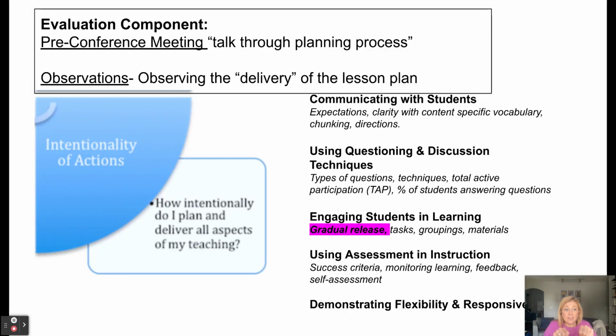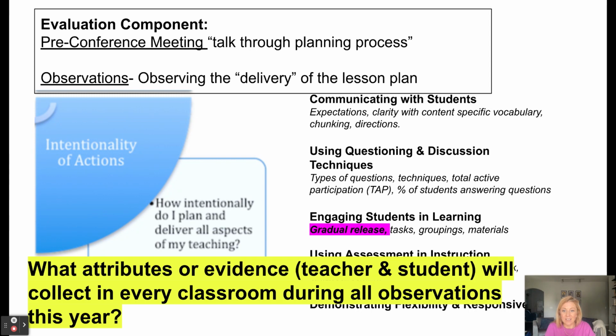But this is twofold. Part of this is hearing the teacher talk through the plan so I can start anticipating. And then I'm also going to be collecting evidence that is supporting the implementation of the teacher's plan. And it is so important.